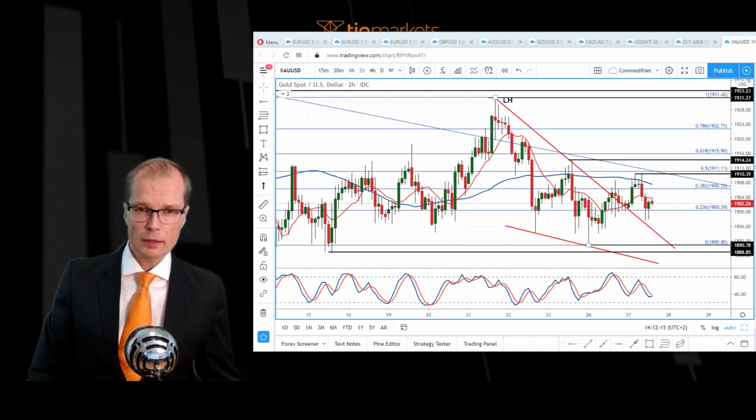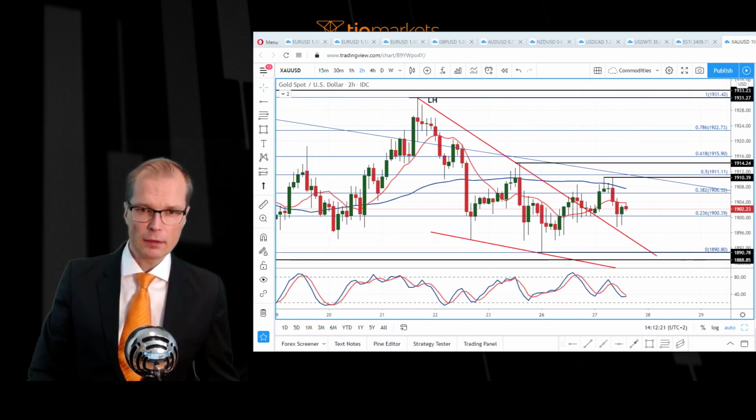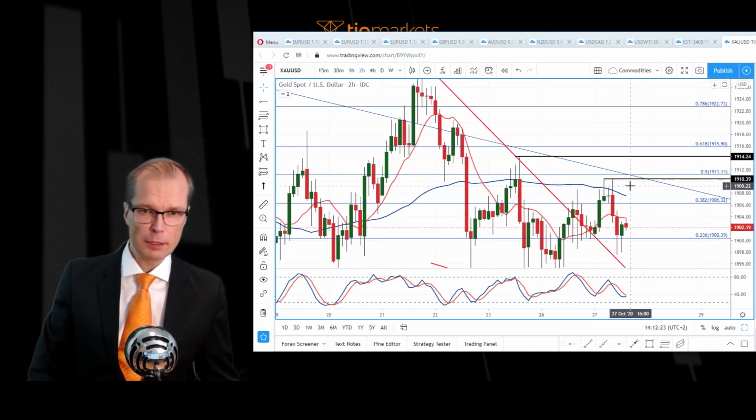But looking at the Fibonacci levels, we have quite a few technical factors coming together right here, the channel high, the 1910.40 resistance, and the 50 period moving average. All of these are coming together there, so I think that makes a good target 1 here.